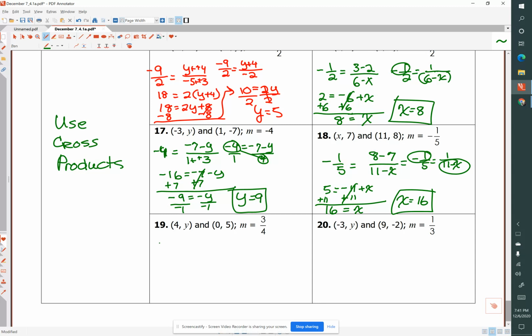Number 19, we have a slope of 3/4. And we have our y2 is 5 minus y over 0 minus 4, which we can simplify to 3/4 equals 5 minus y over 0 over negative 4, excuse me, I should have put 0, negative 4. So using cross products, 3 times negative 4 is negative 12.